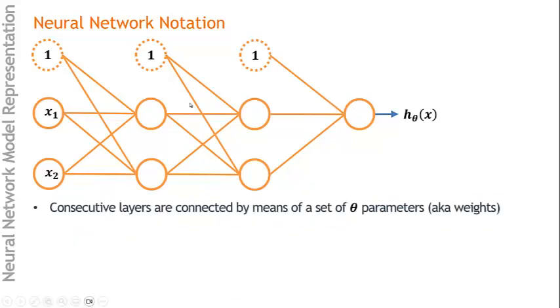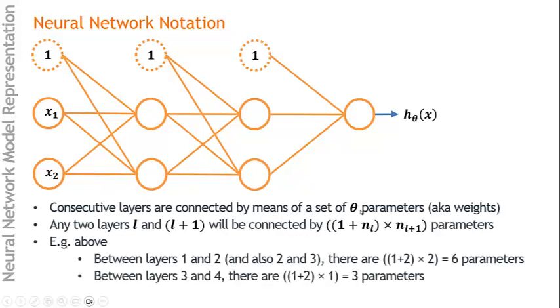Okay, now we saw the connections at each level, and these are represented by the variable theta, but we're going to need subscripts to indicate all of these connections. Right. So if we have a layer L and L plus 1, the number of connections is going to be 1 plus NL times NL plus 1. So why is that? Well, look at this pair of layers here, for instance.